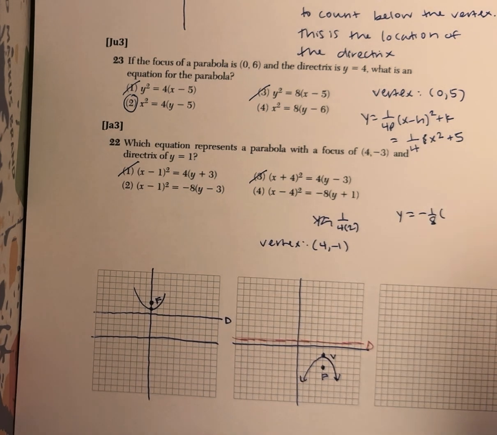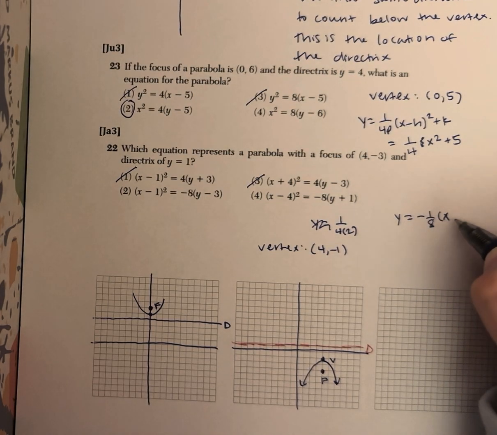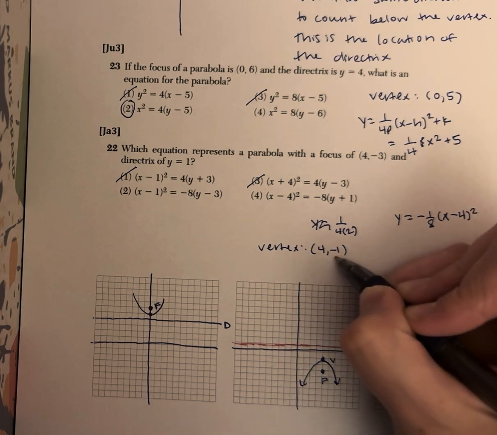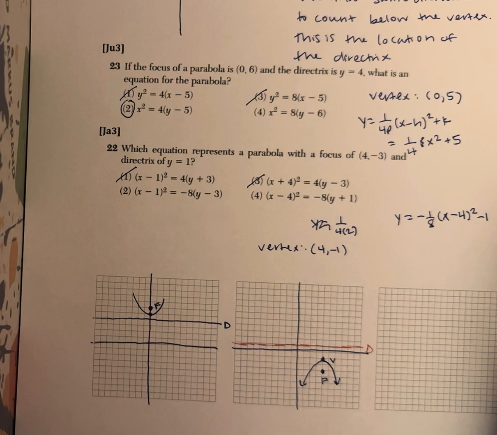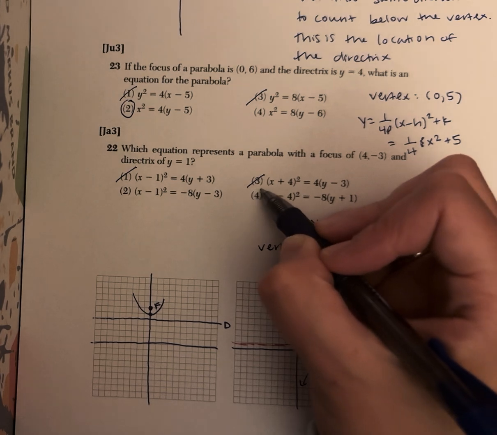All right, I can figure out this answer without doing the whole thing, but I'll do a little bit more. So I would plug this in, x, and then the opposite of this, so minus 4 squared, and then that will stay the same. So I'm looking for an answer that has an x minus 4 in parentheses. So it's got to be option 4.